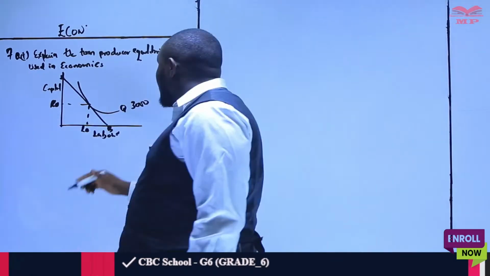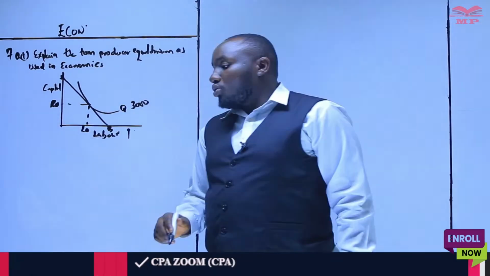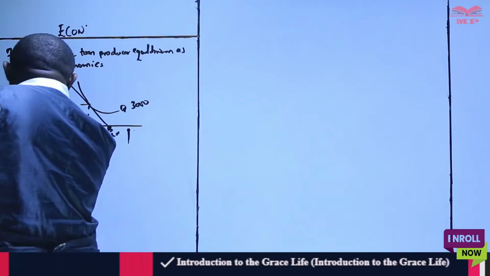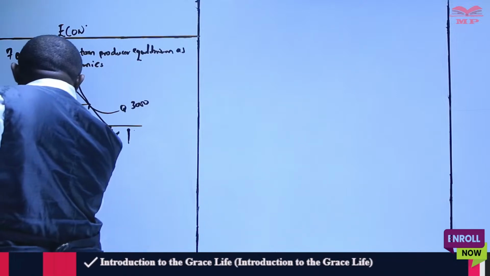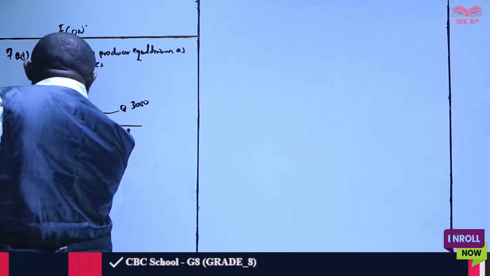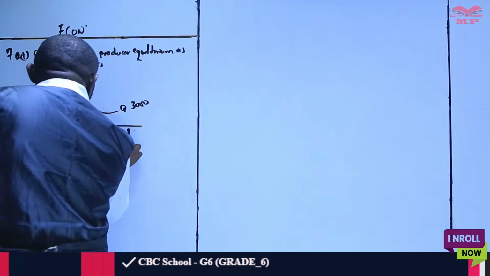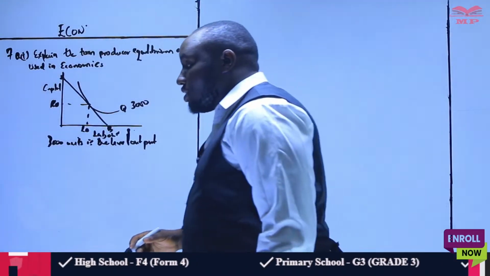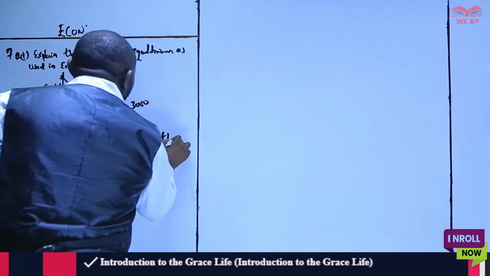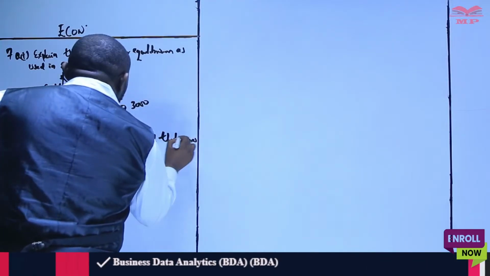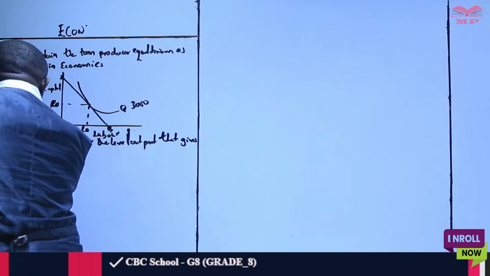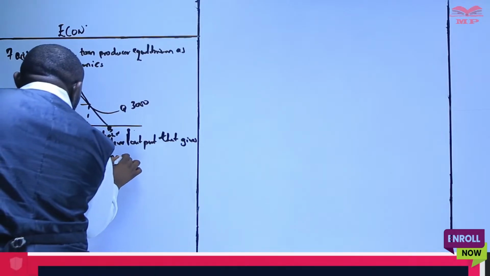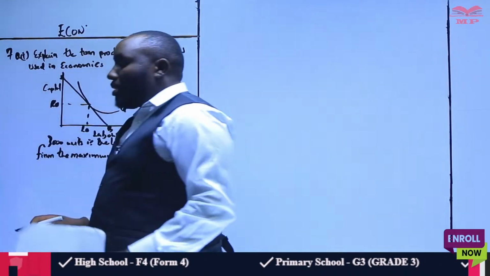So this is 3,000 units. We basically need to understand that 3,000 units is the level of output that gives the firm the maximum profit.